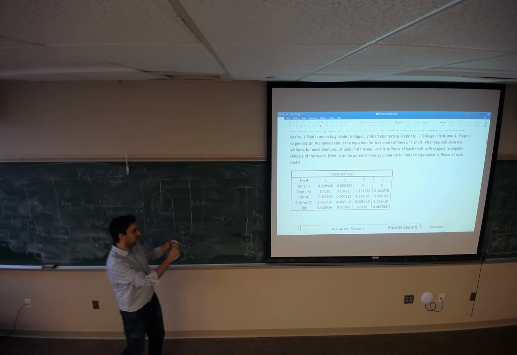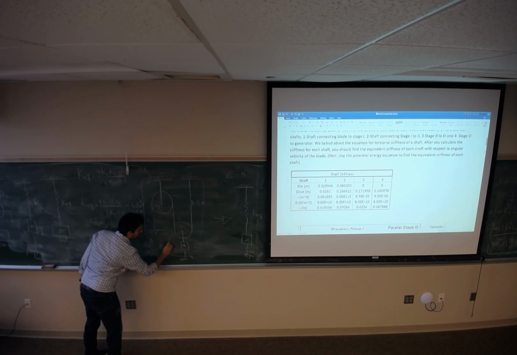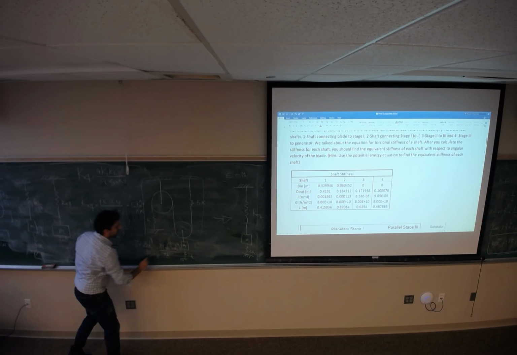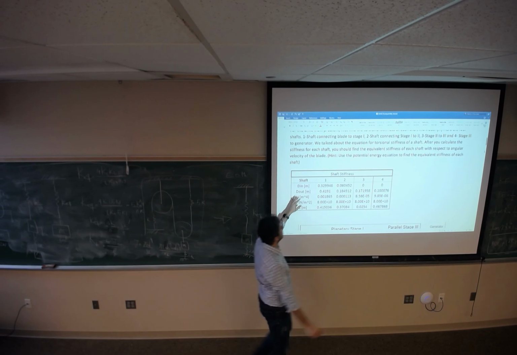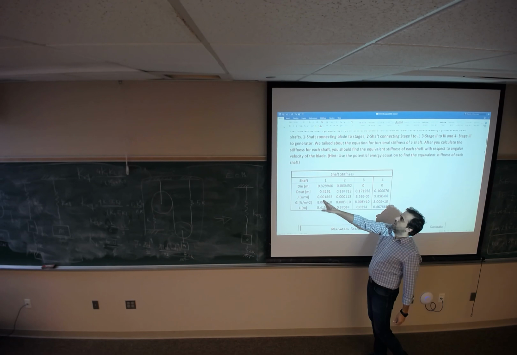So you have to consider that: pi times do to the 4 minus di to the 4, divided by 32. Each shaft has its own outer and inner diameter. You remember we had 4 shafts, 1, 2, 3, 4.